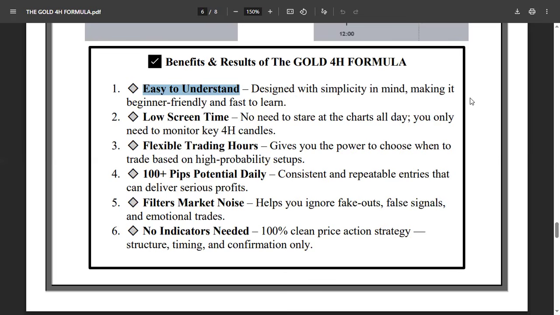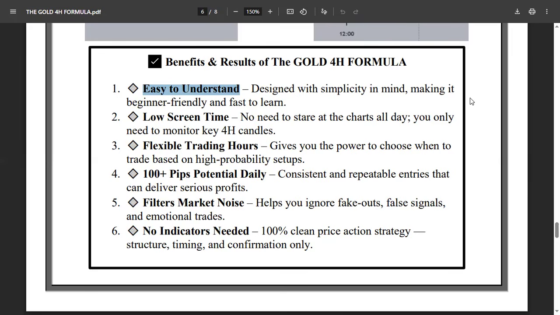We have learned a lot of strategies, and all the strategies come with a lot of things. You need to go here, you mark this, and you go here, you mark this. So it's difficult, but here it is just a matter of understanding one candle and you are just good to go. It is easy to understand.